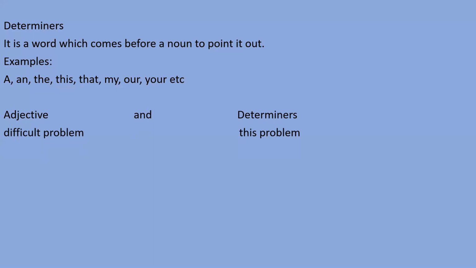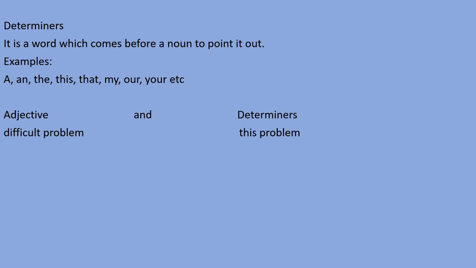If I say difficult problem, difficult is an adjective and this is a determiner. Why? Because by the word difficult we come to know what type of problem it is, and with the word this we come to know which problem. So the word difficult describes the problem.